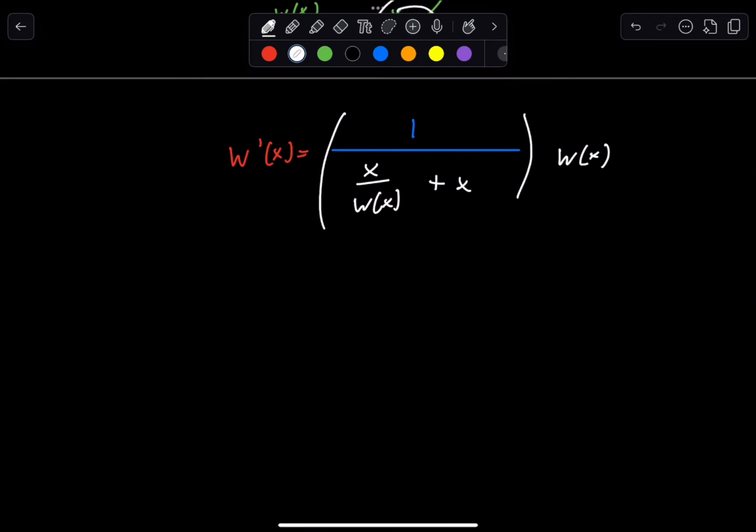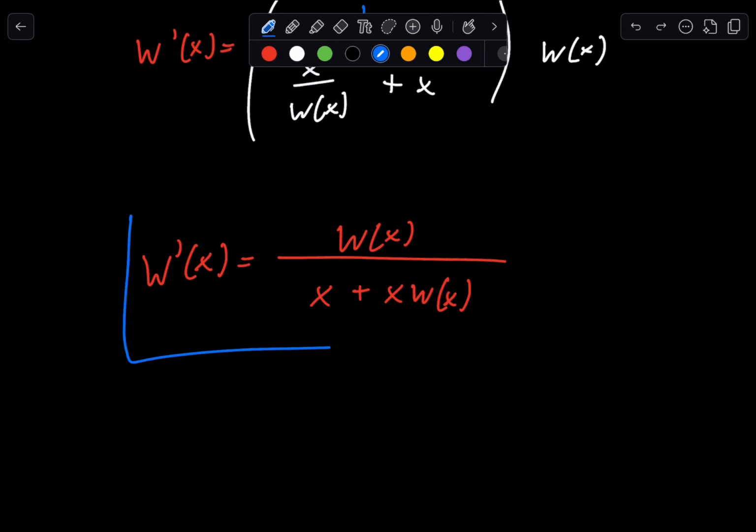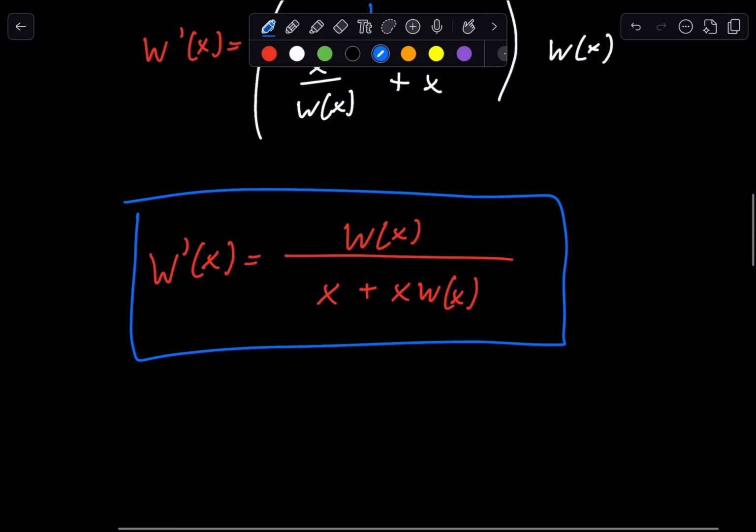That gives us that W prime of x is equal to W of x all over x plus x W of x. That gives us our answer: W prime of x is equal to W of x all over x plus x times W of x.